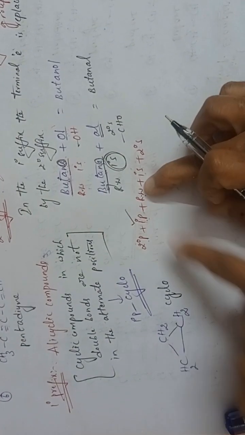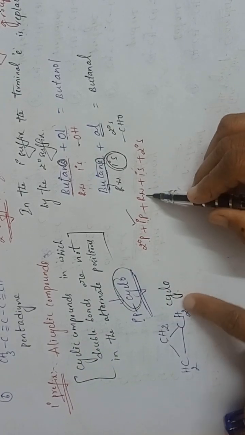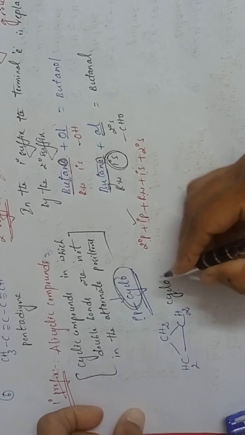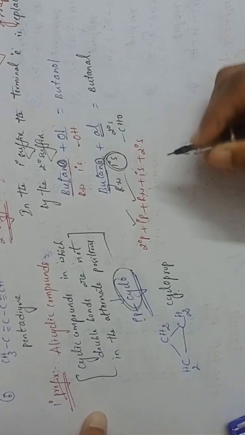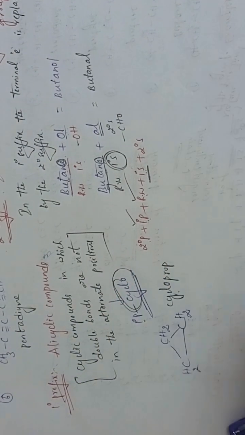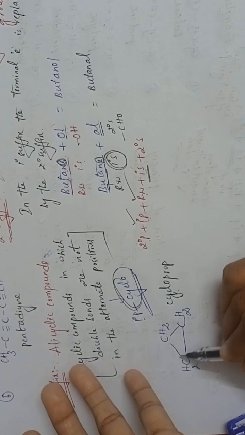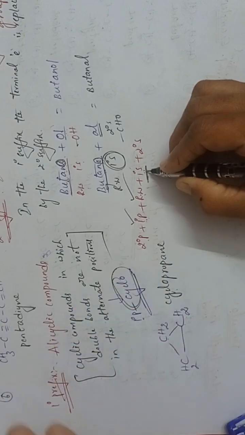Next, root word. The primary prefix is cyclo. We have to take the root word. How many carbon atoms are there? 1, 2, 3 carbon atoms. Three carbon atoms means the root word is prop. Completed. Primary suffix: ane, ene, yne. Here all are single bonds, so we take the primary suffix ane.